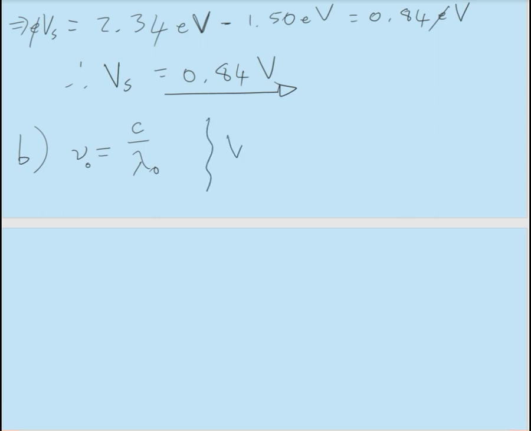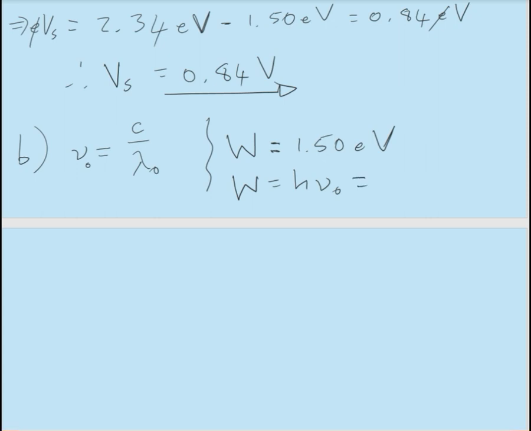So our work function, remember the threshold frequency is related to the work function, the metal that we're dealing with. We know this is 1.50 electron volts. And furthermore, we know that this is Planck's constant times the threshold frequency. So it's just a little bit of algebra, just a little bit of substitution here.